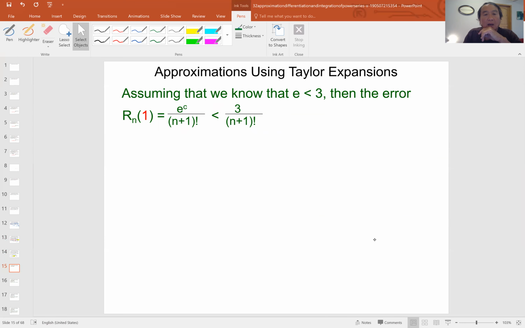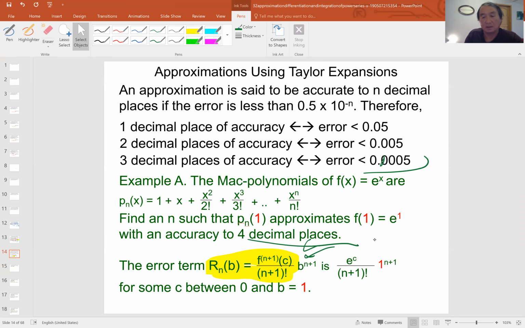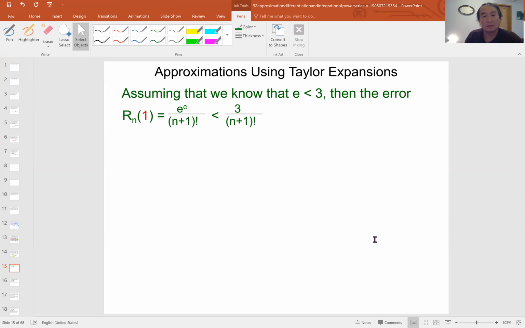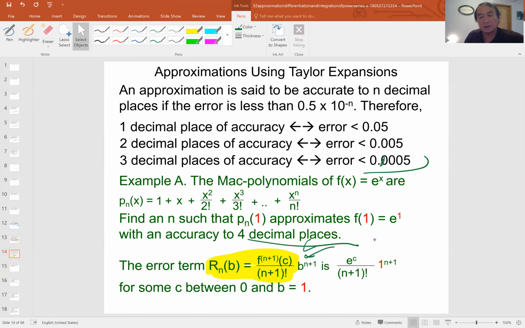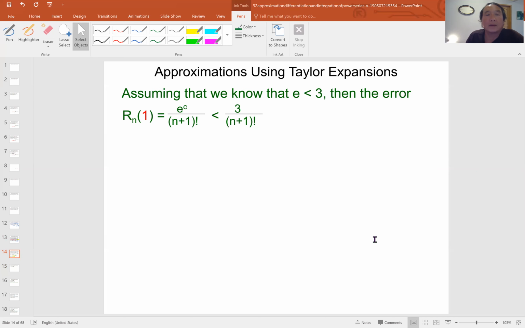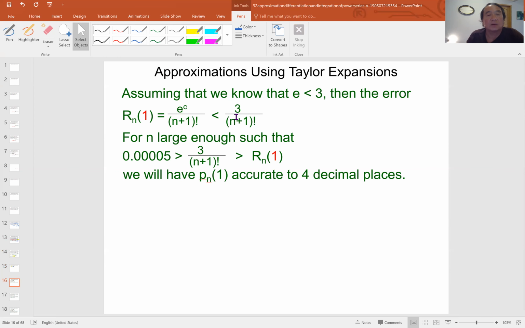That is, I'm going to find the numbers. First, I'm going to replace the c by 1, okay? So I know the remainder, which is this term, certainly has to be less than 3 divided by (n plus 1) factorial. Now I want to find out for which number n, where n is the degree of the polynomial.